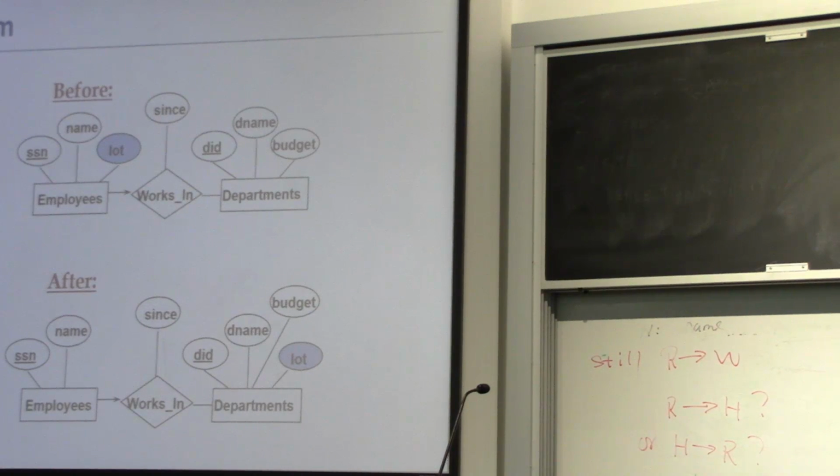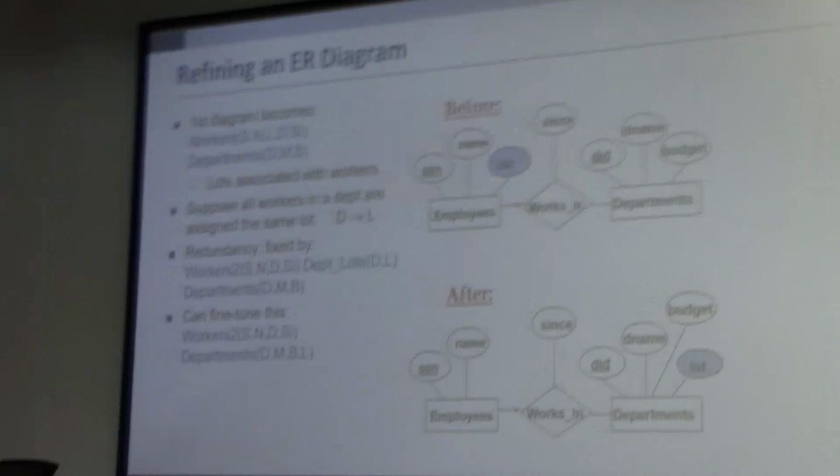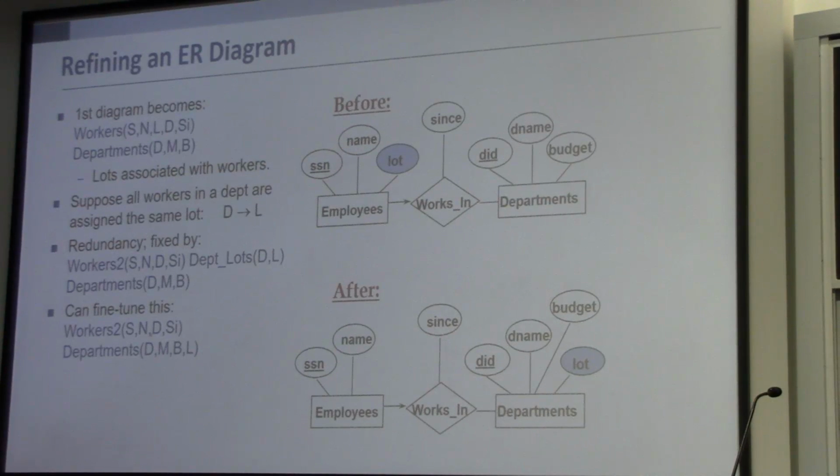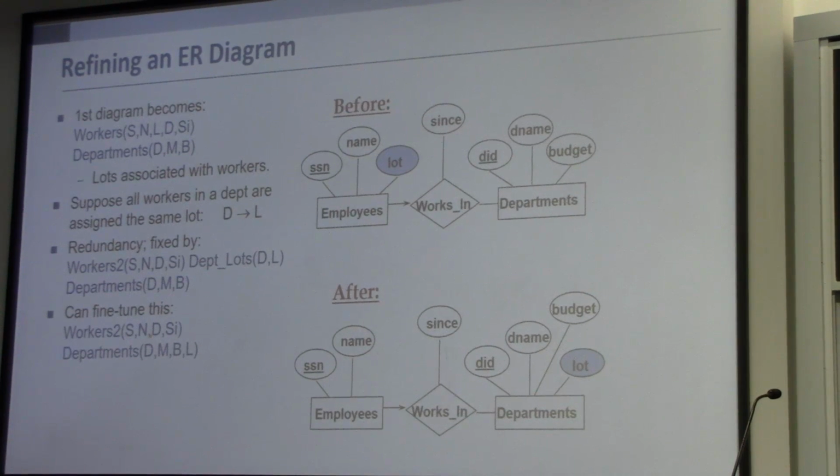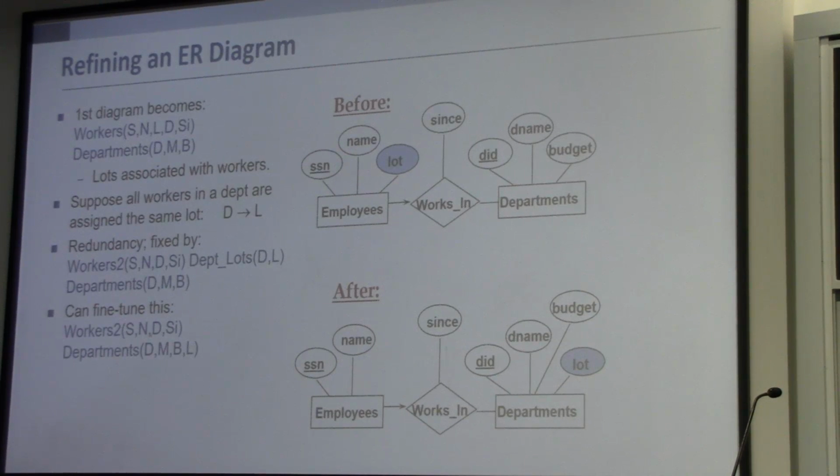Rather, if you put lot in department, you store it once for all. You fix insertion, deletion, and update anomalies. So your schema should be changed back. Using the earlier argument, we could do a decomposition like this, but an even better fix is really this, rather than decomposing it. That shows you the challenge and how tricky it is. And with that, we'll see you on Wednesday, okay?